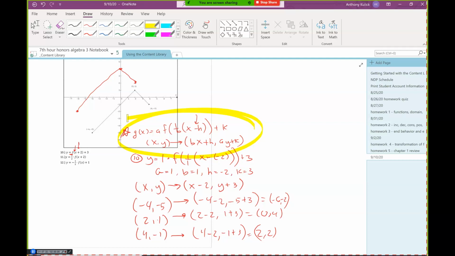And on something like this on the test, I wouldn't give you more than like 3 or 4 points that you'd have to transform, just because of time, right? Like having 20 points doesn't make it more challenging. It just makes it more tedious and more time consuming. I don't need it to take a million years, right? Like 3 or 4 points is enough to get an idea of whether you know what you're doing or not.